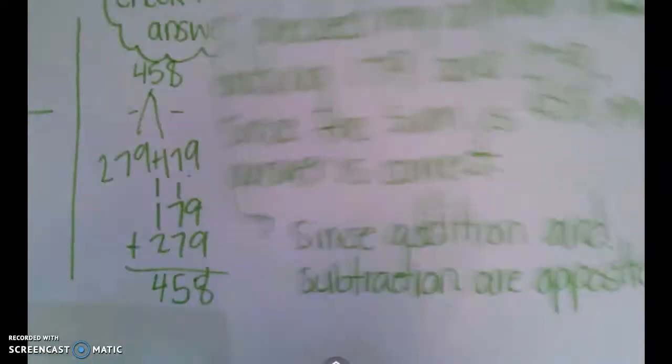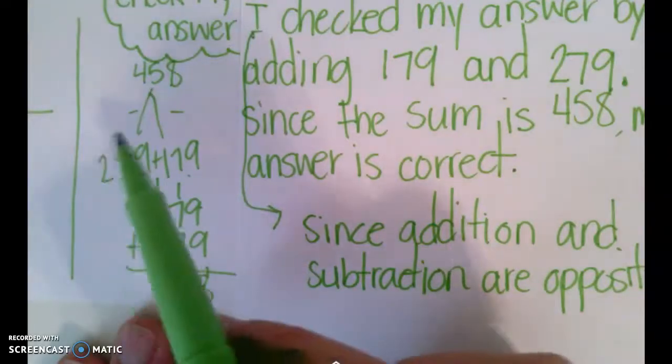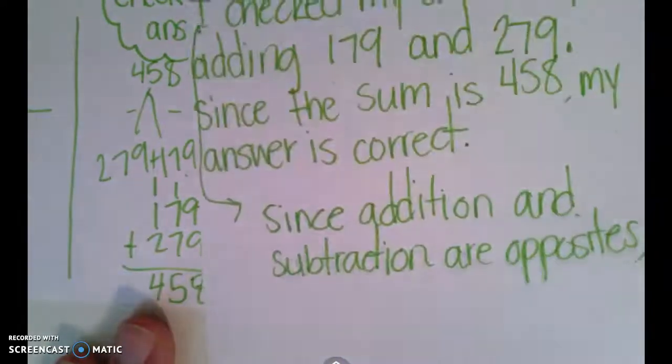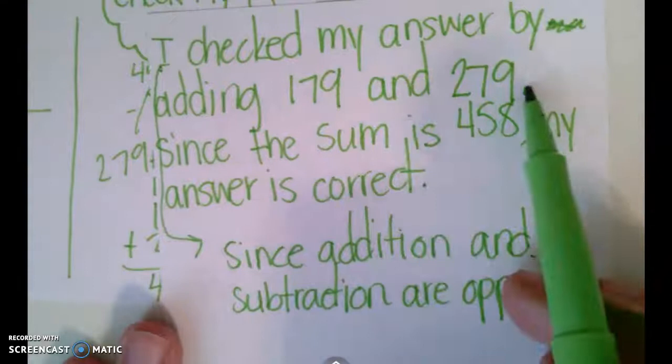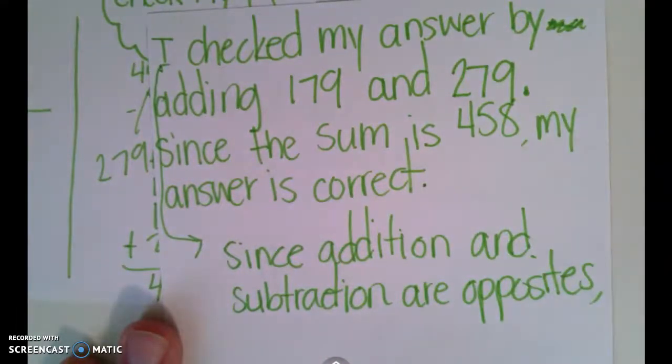Okay, so since addition and subtraction are opposites, see my math mountain here? They're opposites. I can check my answer by adding these two numbers. So I know that my answer is correct.